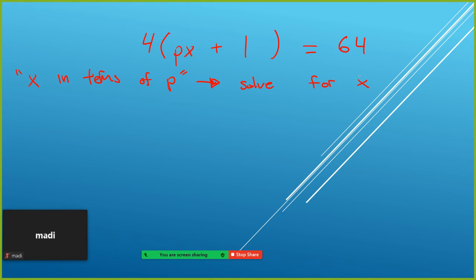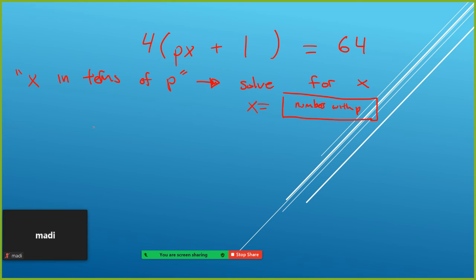Whenever you see variable in terms of variable, the first one is telling us what to solve for. They want us to write x equals stuff, numbers with p on the other side. So it'll be x equals all the numbers with p, the second variable. So they are telling us we want to solve for x.